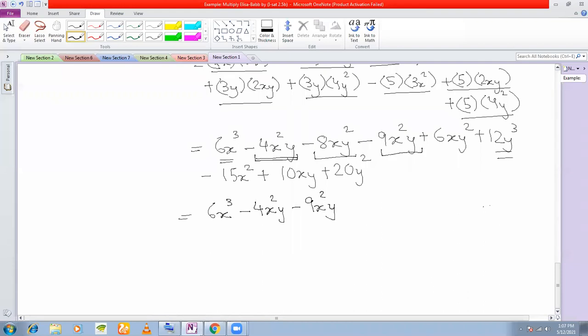Next, you have this xy square. And you have this xy square also, and no other xy square. So minus 8xy square plus 6xy square. So we write these together. Next you have xy actually. Yes, you have xy here.